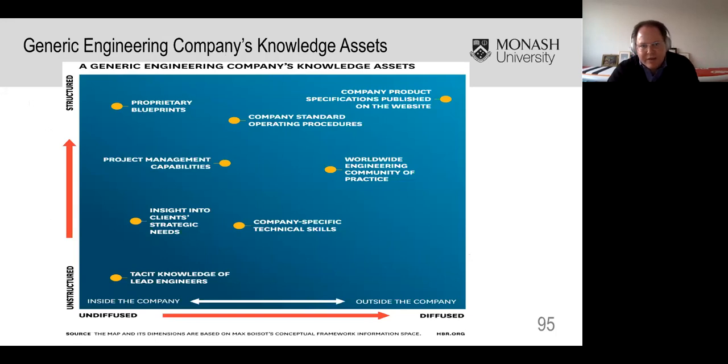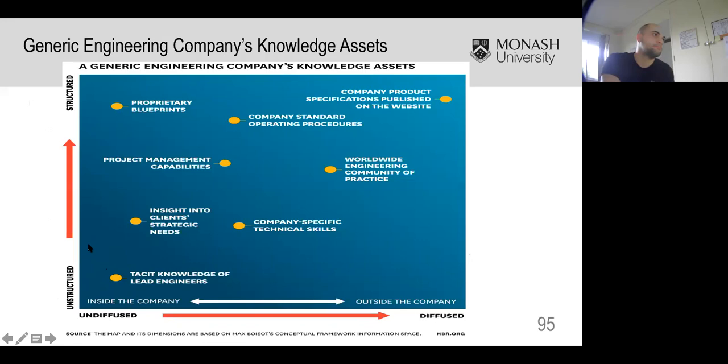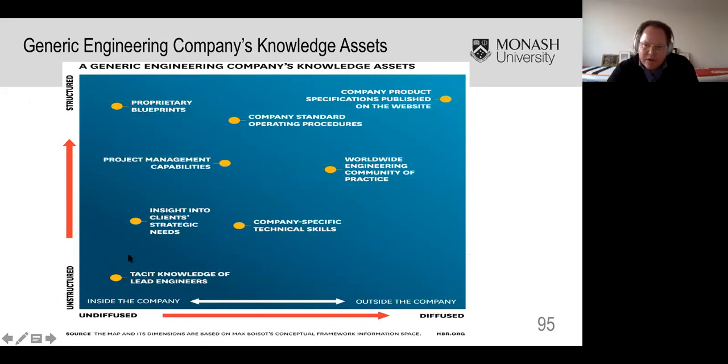So here in the example of the engineering company, they had the knowledge assets identified, and very similarly, that was mapping unstructured and undiffused to diffused and structured. And then at the bottom, they found the tacit knowledge of lead engineers. That was very significant, so in the company the teams relied on that.